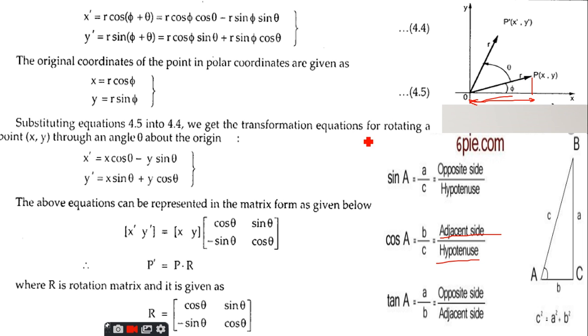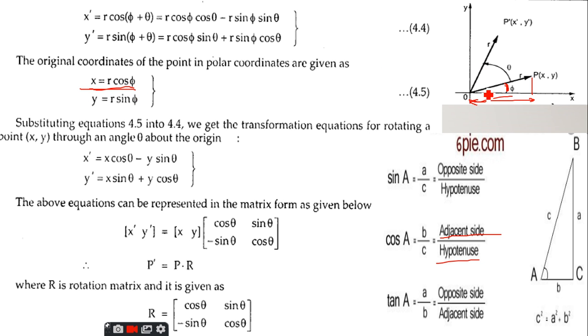So cos phi is equal to x divided by r, then x is equal to r cos phi.